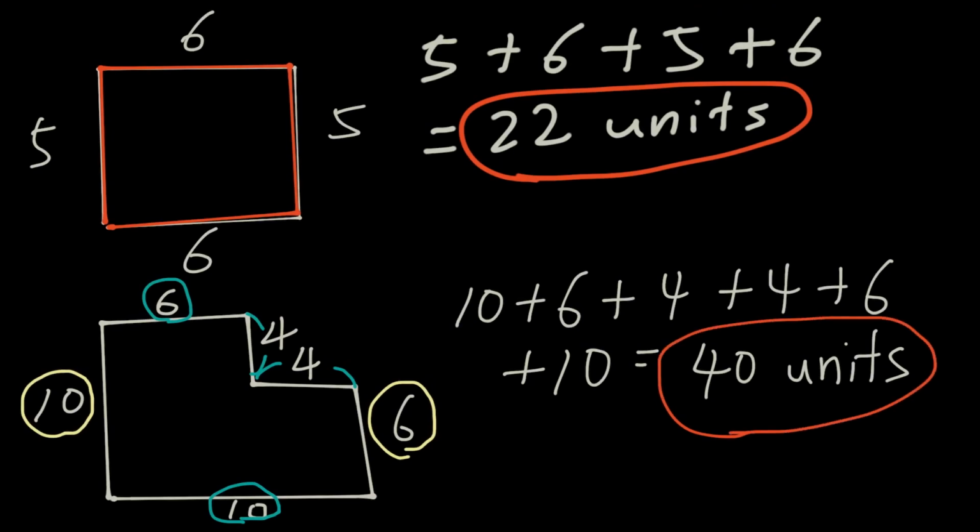A lot of the perimeter questions are going to be a figure where we're missing lengths of the sides. So what you want to figure out first are all the lengths before you add them together and get the perimeter. Next, we are going to talk about the circumference of a circle.